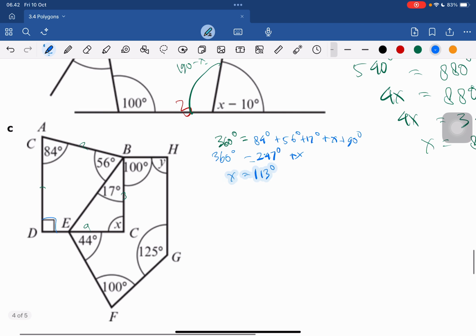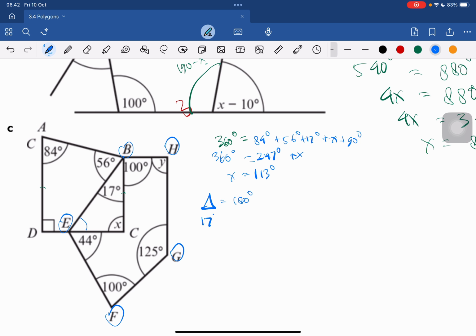So let's find y. Where is y? Okay, this is the y. To find y, what can we do? Okay, let's use B, H, G, F, E. So let's find this angle. This is a triangle, so the total of a triangle is 180 degrees.